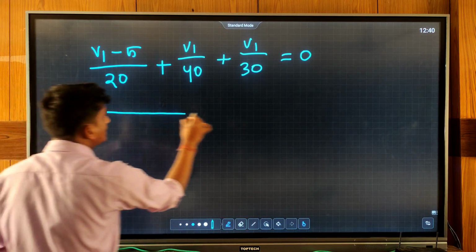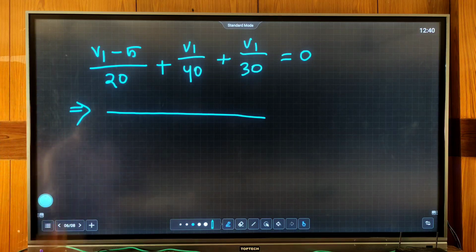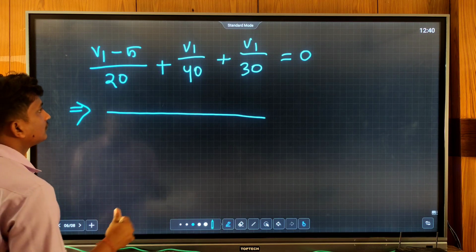So I am taking the LCM of these 3 denominators, 20, 40, 30.